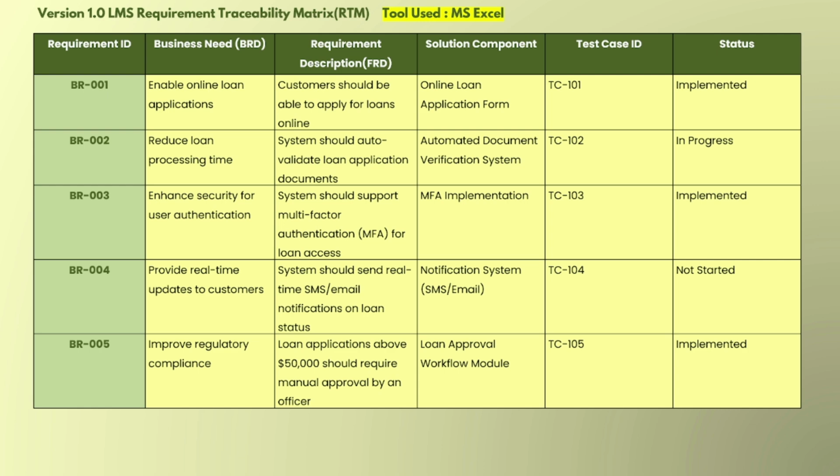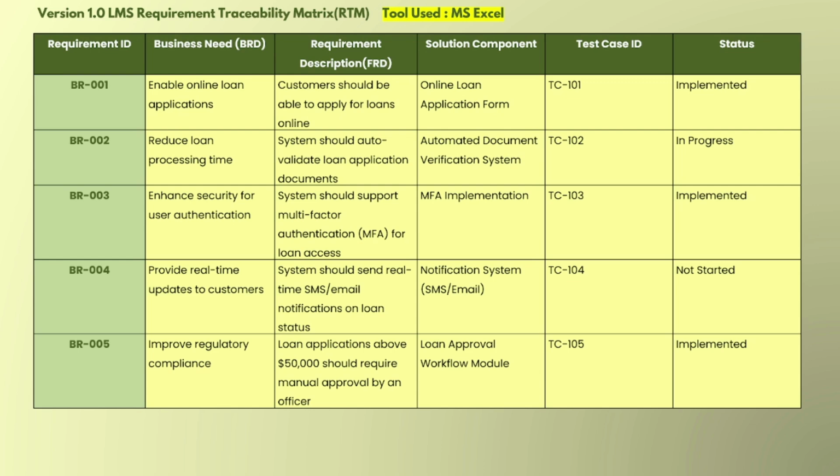Means the business provided that they want to enable online loan application, nothing more than that. In the requirement, what we need to do for that, what is exactly the idea behind that. So the idea was the customer should be able to apply for loans online. So then how to provide a solution for that. The online loan application form should be there. So this is the solution component. So we create an online loan application form for that.